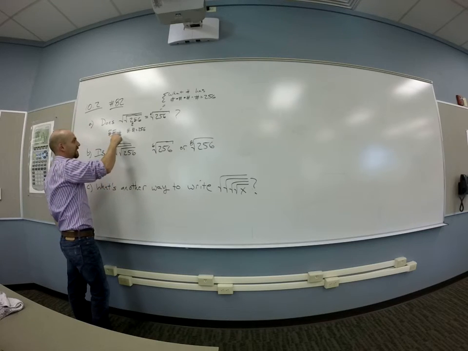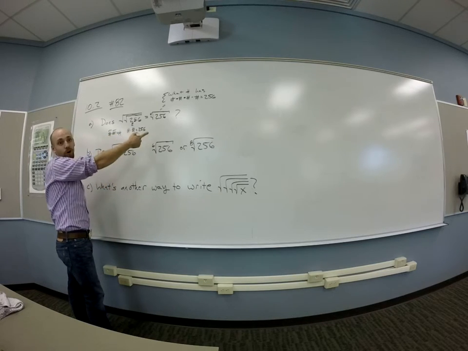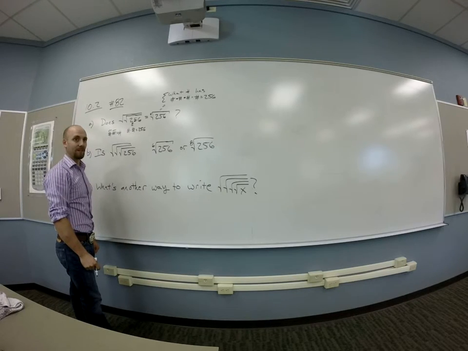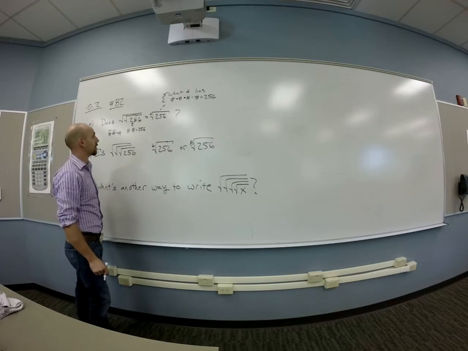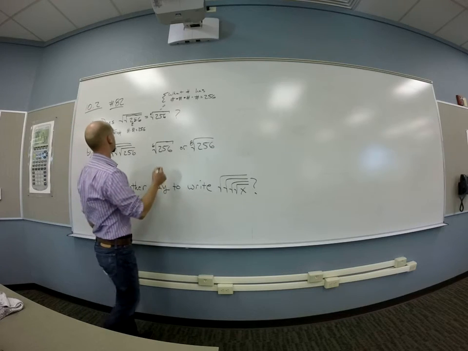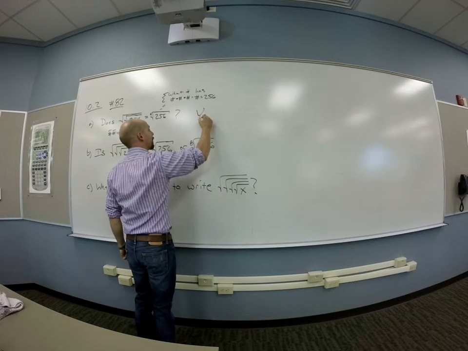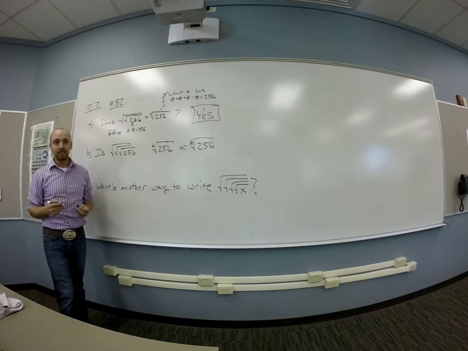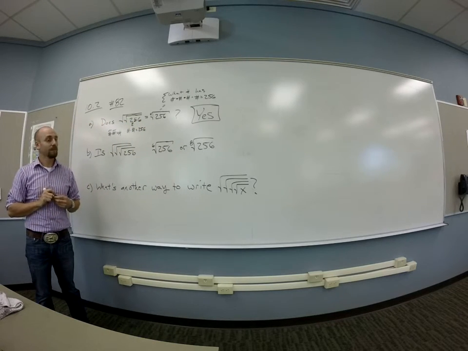So if I put these in there, I get 4 of them multiplied together is 256, right? So this is really asking the same question. This one's a more convoluted way maybe, but they're the same question. So my answer for part A is yes, it does, because they're asking the same question, right?